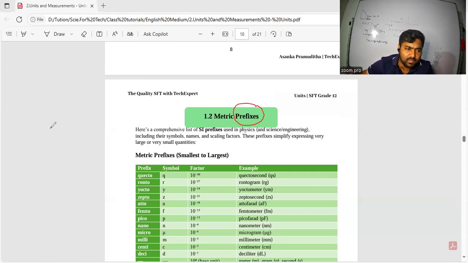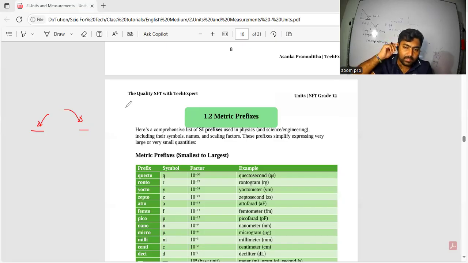Prefixes mean something that can be a letter or a word which is added in front of a letter, symbol or word. In English, there are prefixes and suffixes. Prefixes are added to the front of a word. Suffixes are added to the end of a word.